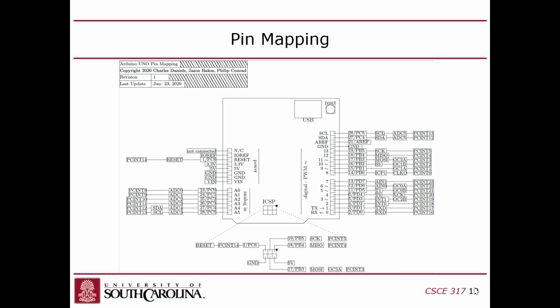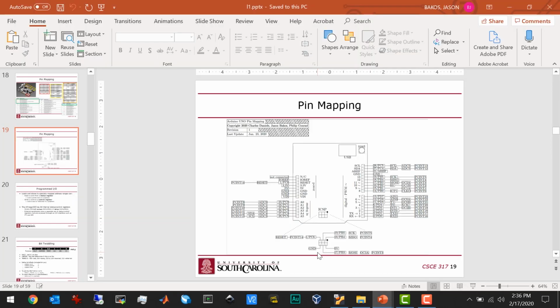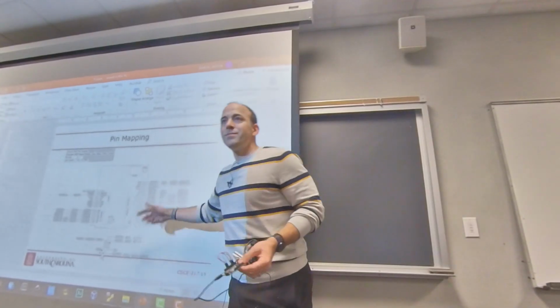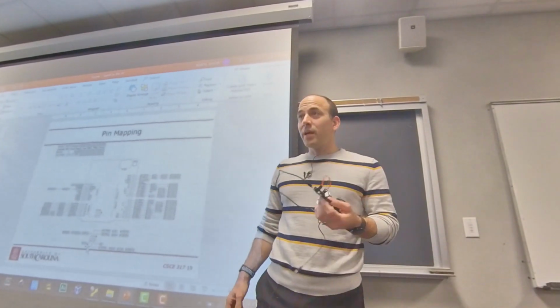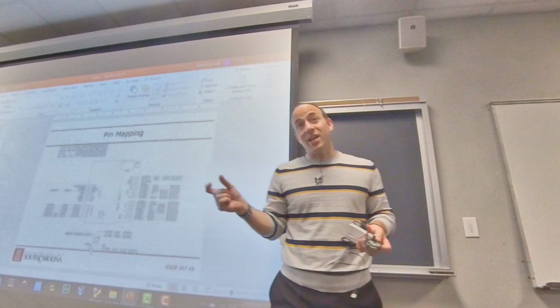That would have a wire that would jump down to the clock that I'm using on D, which in this case is D2, which is pin 2, right? You guys with me? And then you do the same thing for MISO, MOSI, and SS.